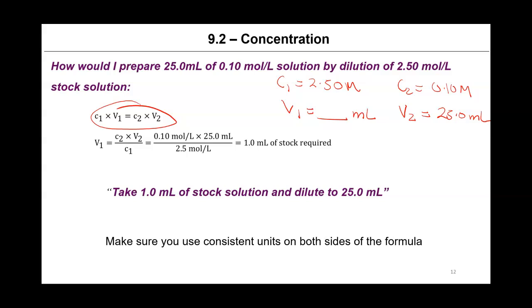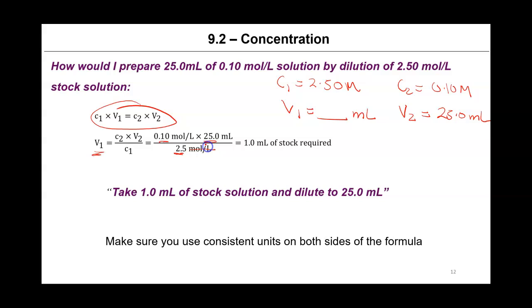So what we're going to do is take the dilution formula and reorganize to solve for what we're trying to find out, V1 in this case. So to do that, I've divided both sides by C1. And now I just put my numbers in. So we have C2, which is 0.1, multiplied by V2, which is 25, divided by C1, which is 2.5.